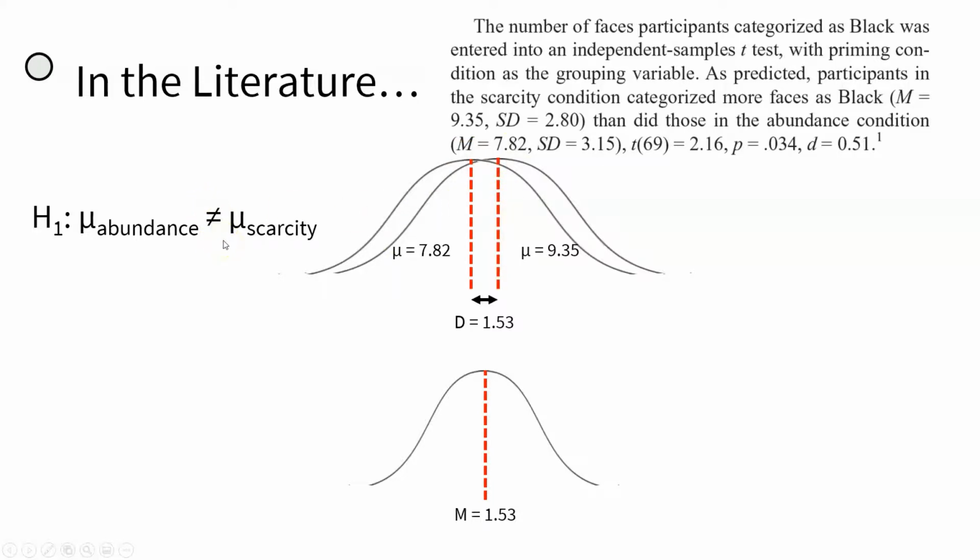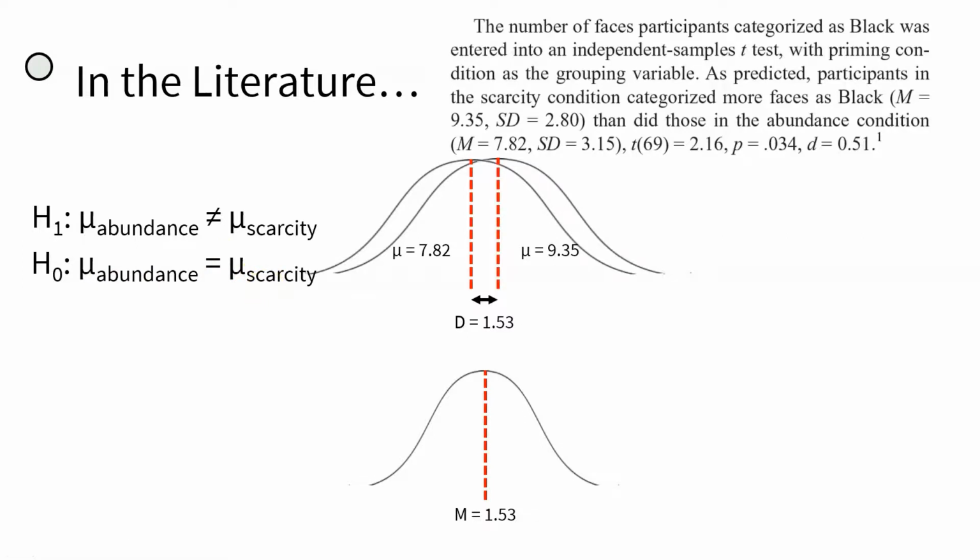Okay? But there is another hypothesis that we sometimes talk about, and we call this one the null hypothesis. We represent it as H sub 0, and that means nothing, nada, there's nothing going on here, there is no difference. The mean of the abundance condition is equal to the mean of the scarcity condition.